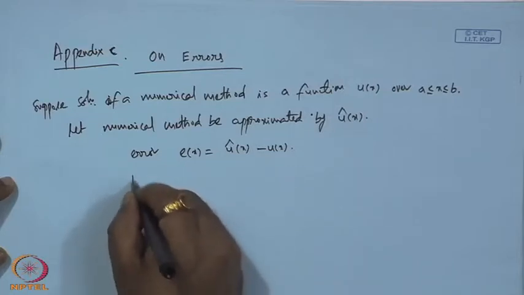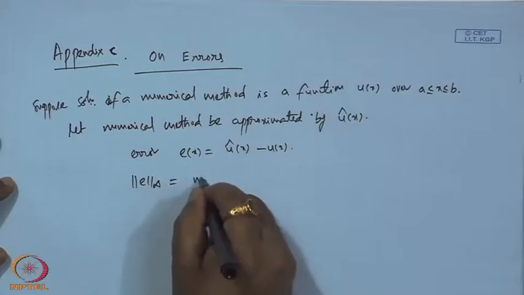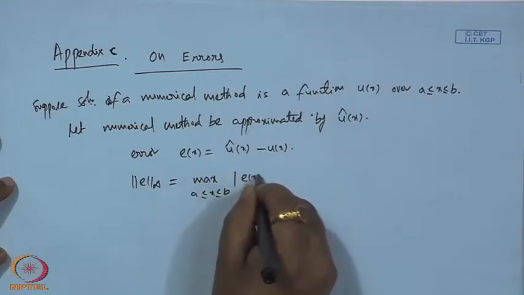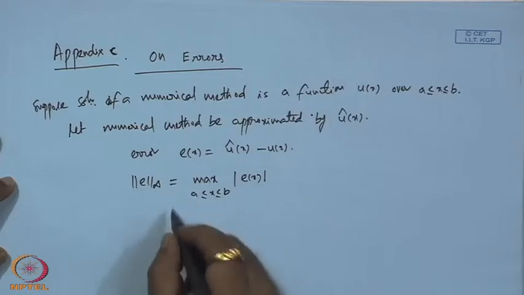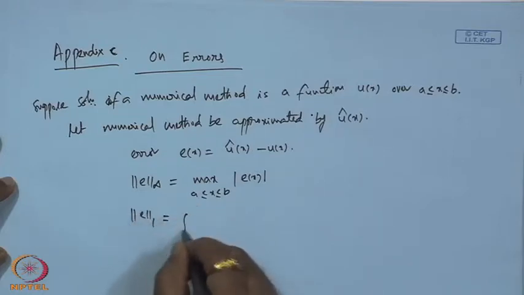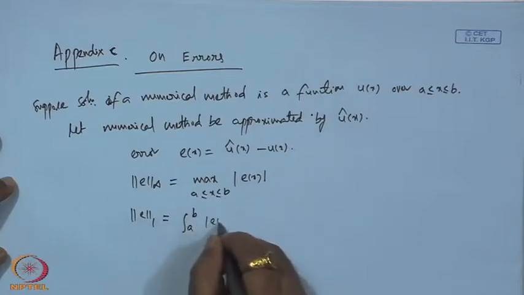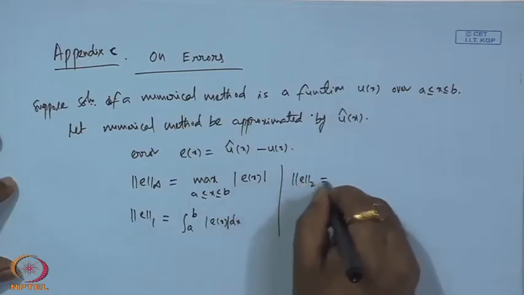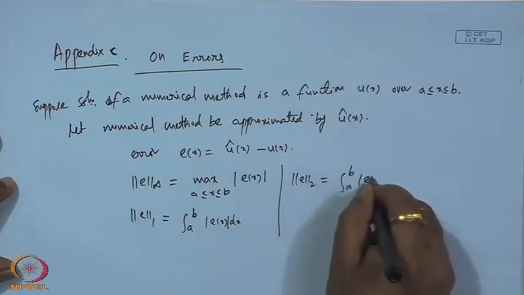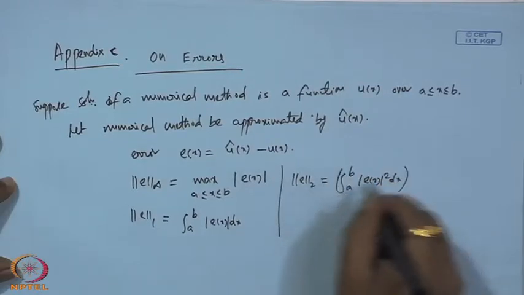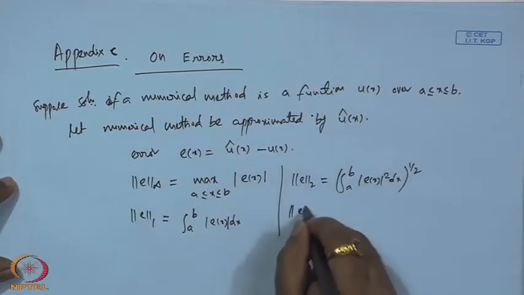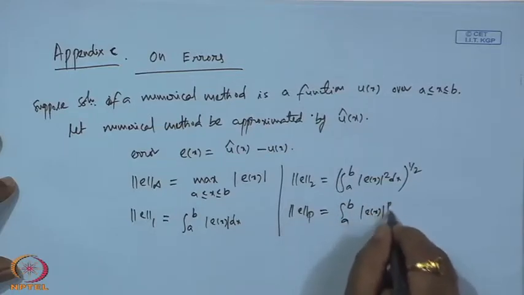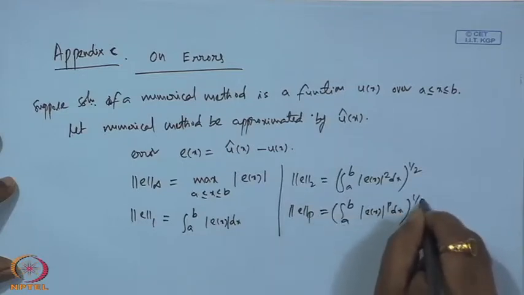Then we define the max norm, then we define the one norm, then we have the square norm or Euclidean norm, and the p norm.